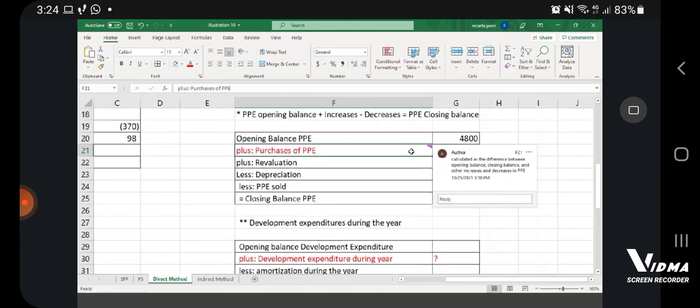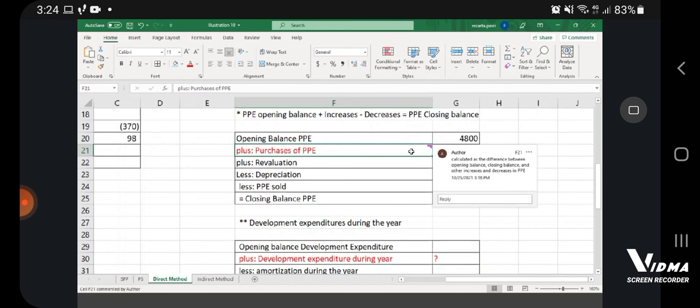Why is it with a minus there? Because we are going to use that amount as a cash outflow in the cash flow statement. So again, the algebraic signs, pluses or minuses, are like the biggest source of confusion in cash flow statement. Keep in mind that we are calculating the purchases as an increase in the value, okay?